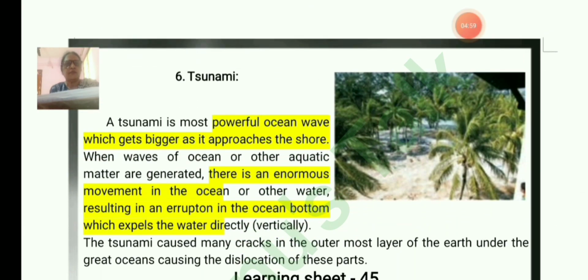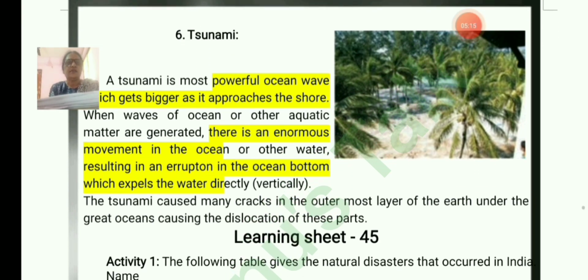This is the tsunami. It is a powerful ocean wave which gets bigger as it approaches the shore, and there is an enormous movement in the ocean resulting in an eruption in the ocean bottom which expels the water directly.